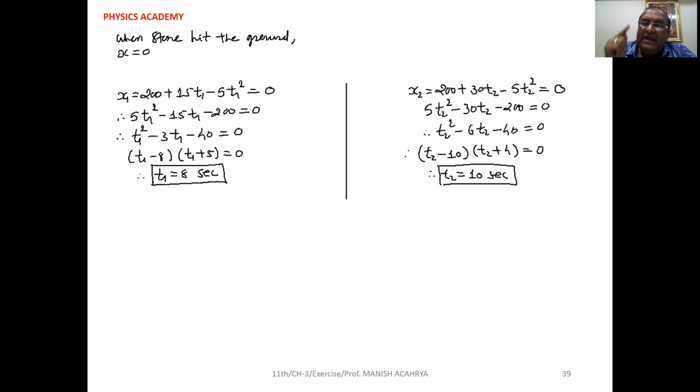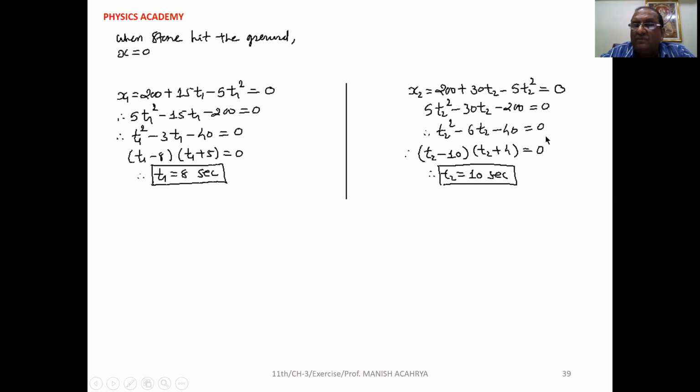Now, at what time will the second stone hit the ground? When the second stone hits the ground, its position is again 0. So take x2 equal to 0. Then you get 5t2 square minus 30t2 minus 200 equal to 0.